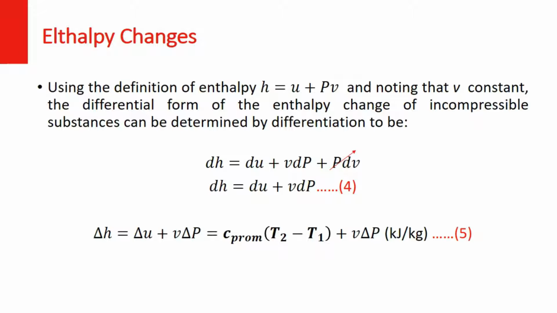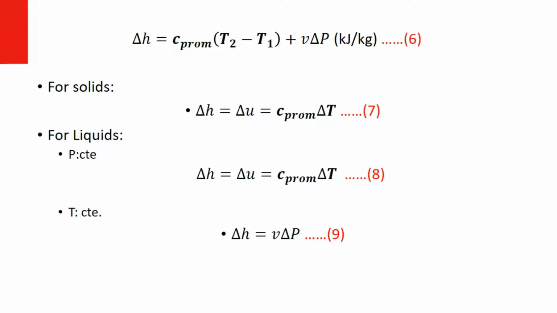Integrating, the variation of enthalpy is equal to the variation of internal energy plus the volume times the variation of the pressure. For solids, the term volume times the variation of pressure is insignificant, and thus the variation of enthalpy is equal to the variation of internal energy.